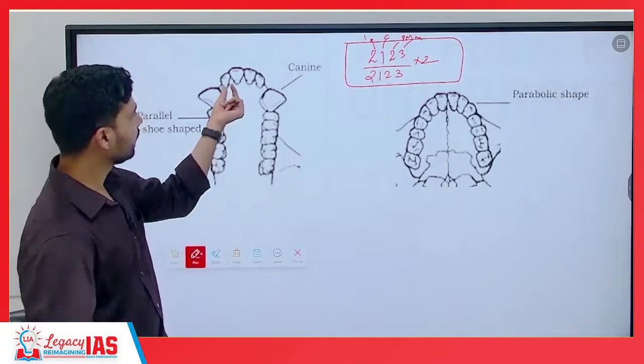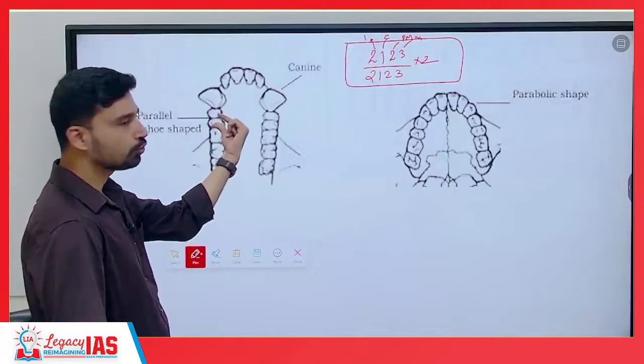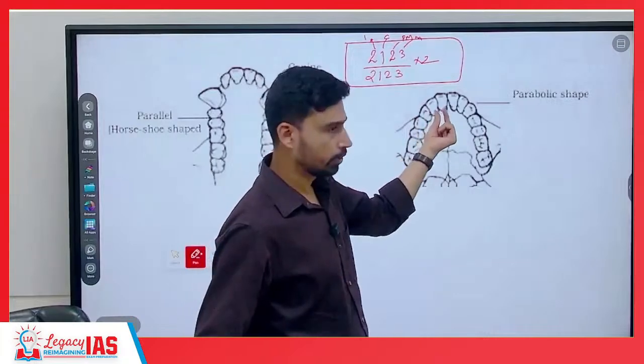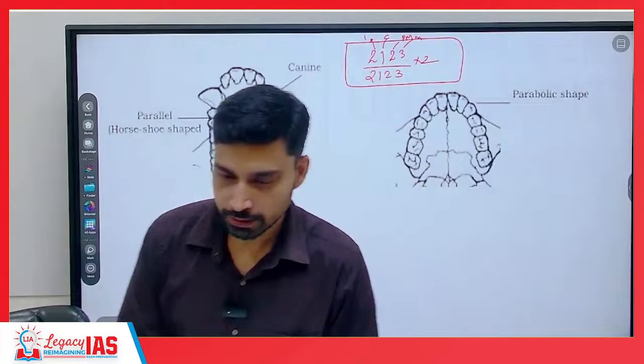In apes what do we have? 2 incisors, 1 canine, 2 premolars and 3 molars. Humans also have 2 incisors, 1 canine, 2 premolars and 3 molars.